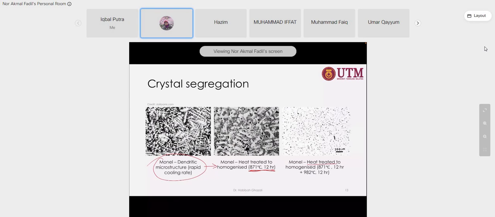Heat treated to homogenize at different temperatures, we get different compositions, but it still has a light color and a dark color. It contains two different phases, so we can modify the temperature and time to change this plate-like structure into what we call precipitates.